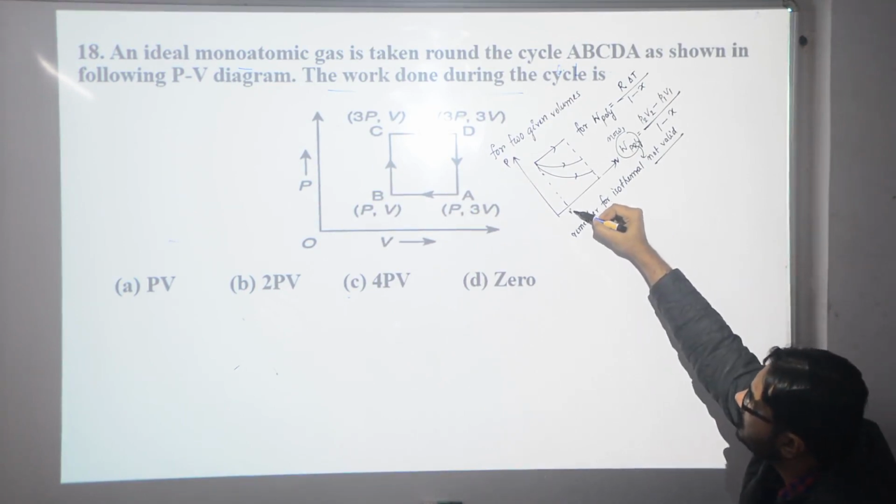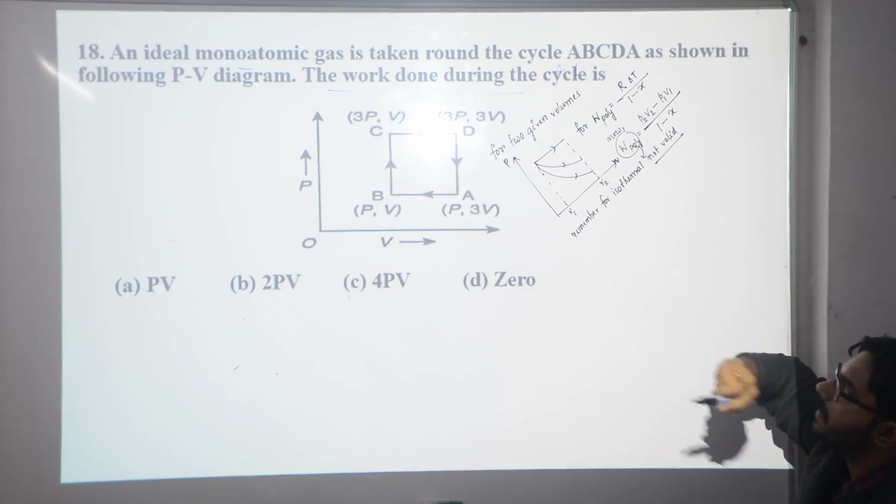but if we want to compare the work done between two fixed volumes, see that here we start at V1 and end at V2.